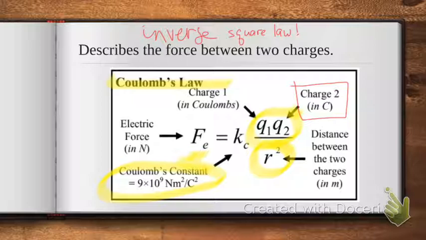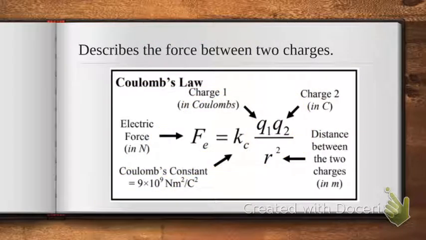So he did the universal gravitation constant, and he also developed this law, but he never published. So when Coulomb came along, he published, everyone attributed it to him, and he got all the credit.